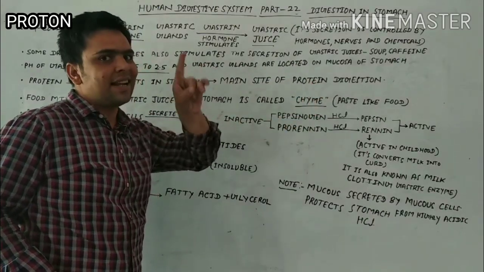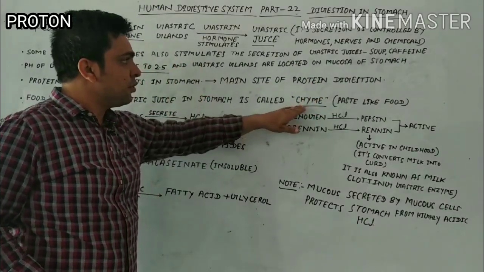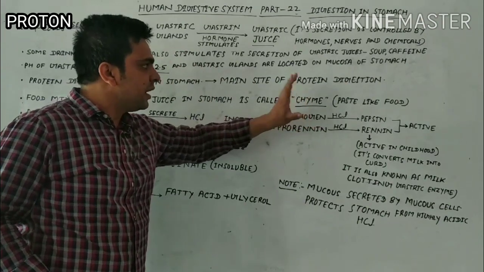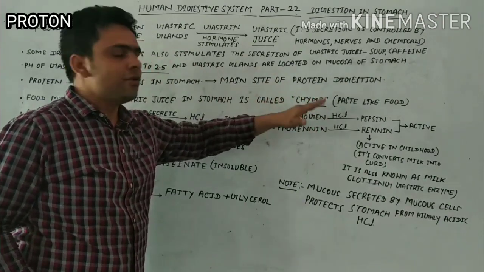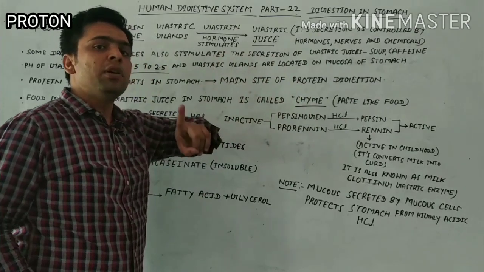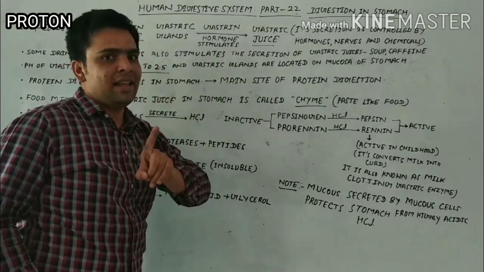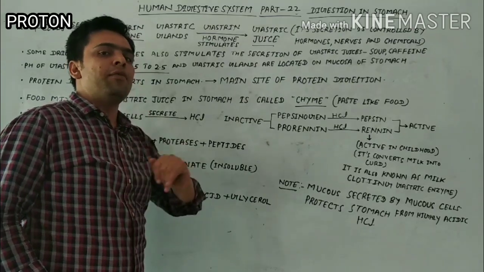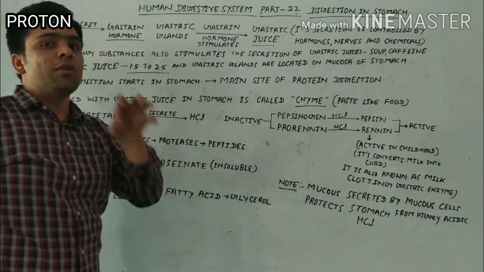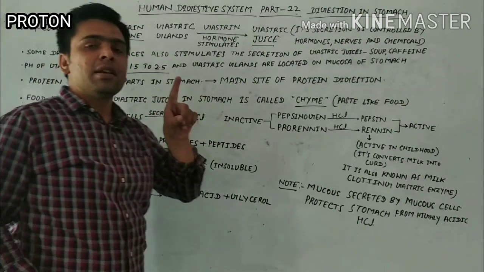The food after mixing with intestinal juices is known as chyle. Clear students? And the form of food after mixing with saliva is known as bolus.